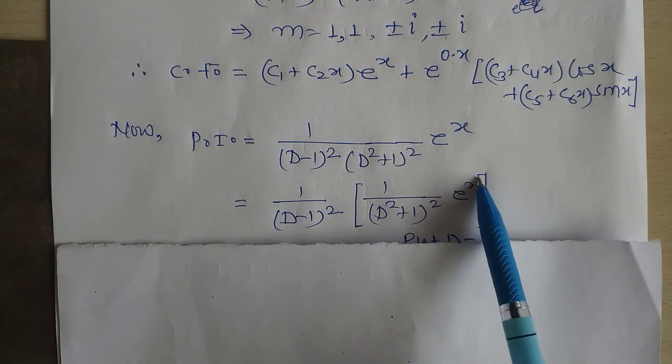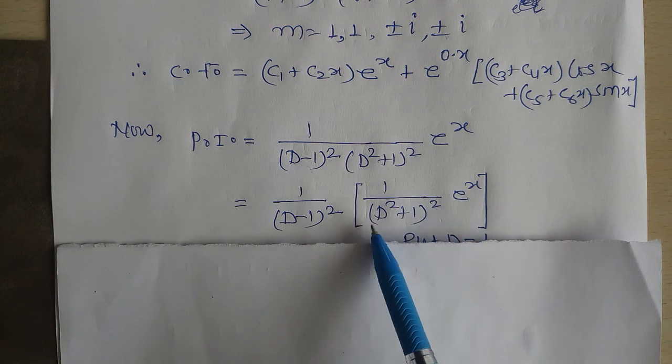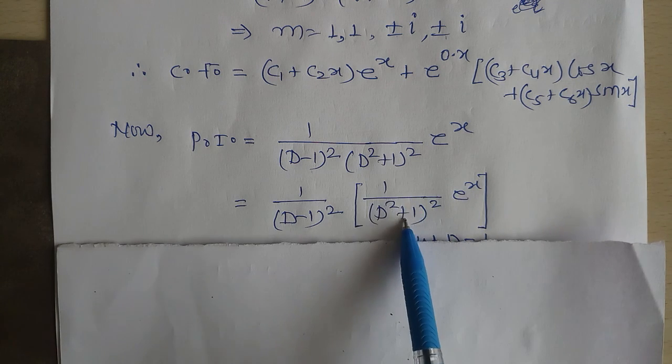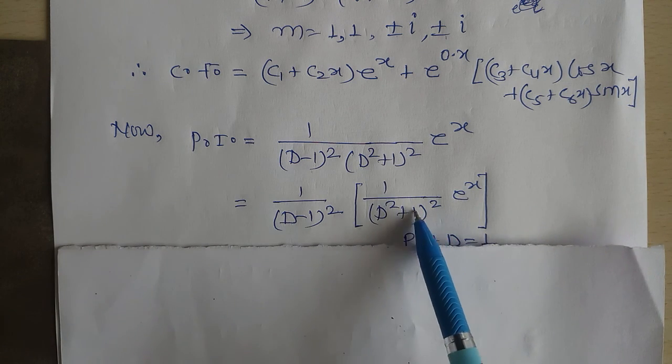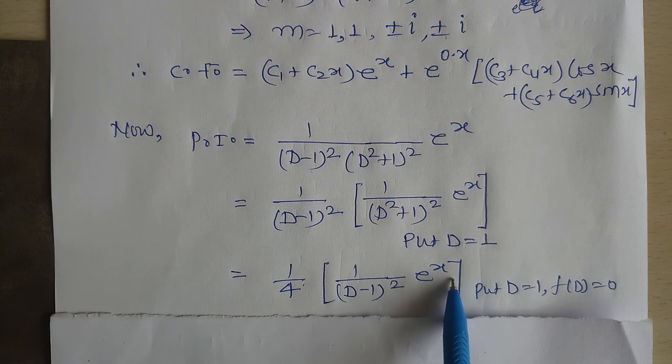Due to the exponential function, we get PI by replacing D equal to a, and a is 1. So 1 square is 1, 1 plus 1 is 2, and 2 square is 4. So we get 1 by 4. Now we write 1 by 4 constant outside. Then we have 1 upon (D minus 1) whole square e raised to x.